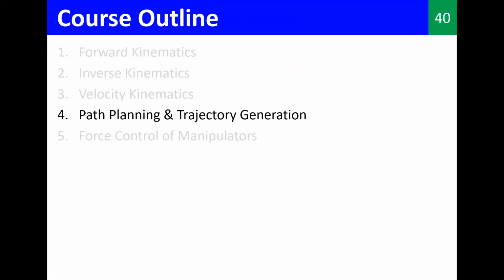Next, we have path planning and trajectory generation, and these two topics won't take long, so I will quickly go through them. No mathematics again for today.